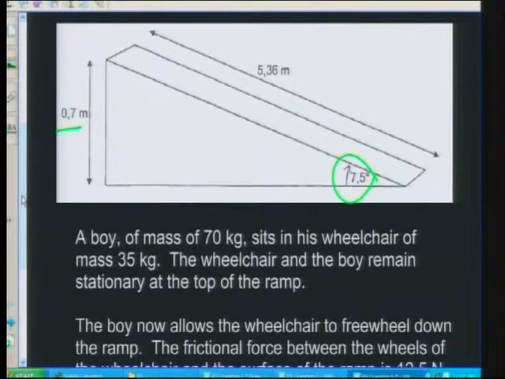Now, the next thing, it tells you a boy of mass 70 kilograms sits on his wheelchair of mass 35 kilograms. The wheelchair and the boy remain stationary at the top of the ramp.